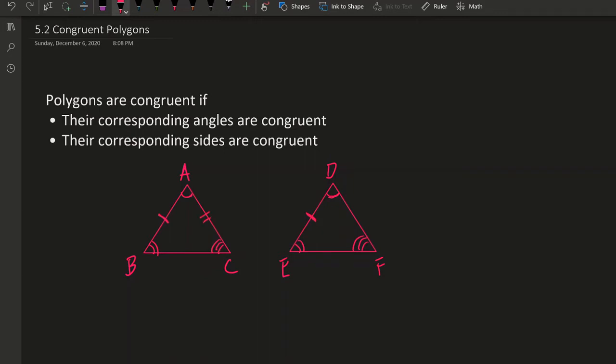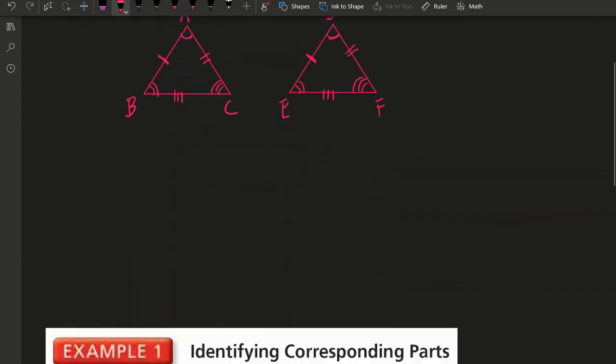Side AC would be corresponding to DF, and side BC would be corresponding to EF. And if I know that these two polygons are congruent, then I can assume that all of their corresponding parts are congruent. Let's do a quick example.